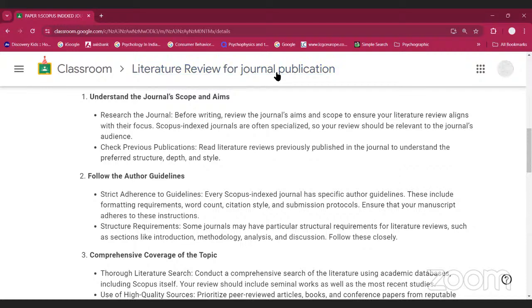And then you will do some small experiment, and try to find out what is the outcome of your experiment. After that, you will do the literature review.